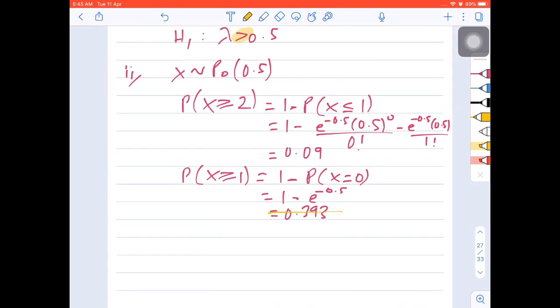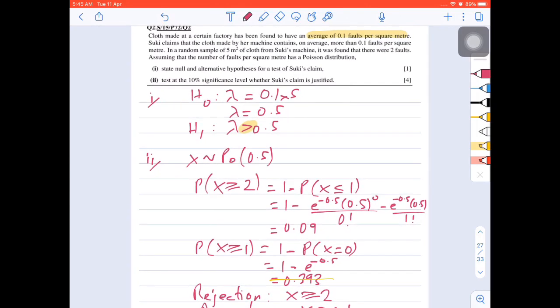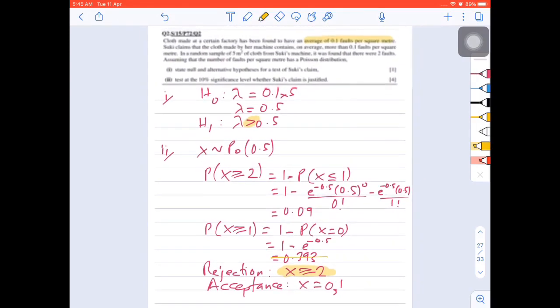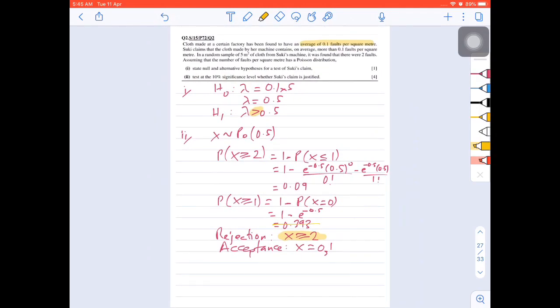So the rejection region, that is the region with 0.1 probability, is X greater than or equal to 2, and the acceptance region is X equals 0 or 1. Now over here she gets 2 flaws, so that means that it will be rejected. So Suki's claim is correct that the average is greater than 0.5. Since the null hypothesis is being rejected, the alternative hypothesis will be accepted.